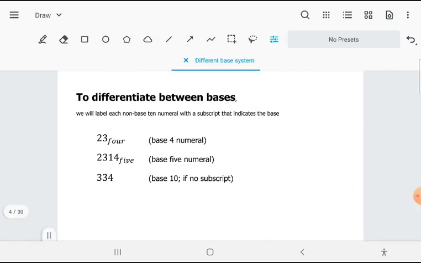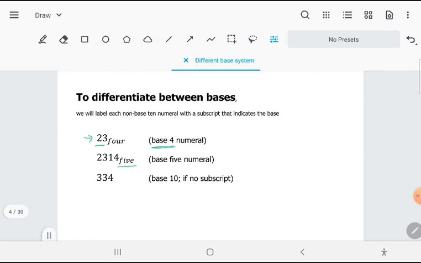Now, how do we differentiate between bases? We will use subscripts as labels. So when you see 23 or any numeral and then the subscript 4, that means this numeral is a base 4 numeral.